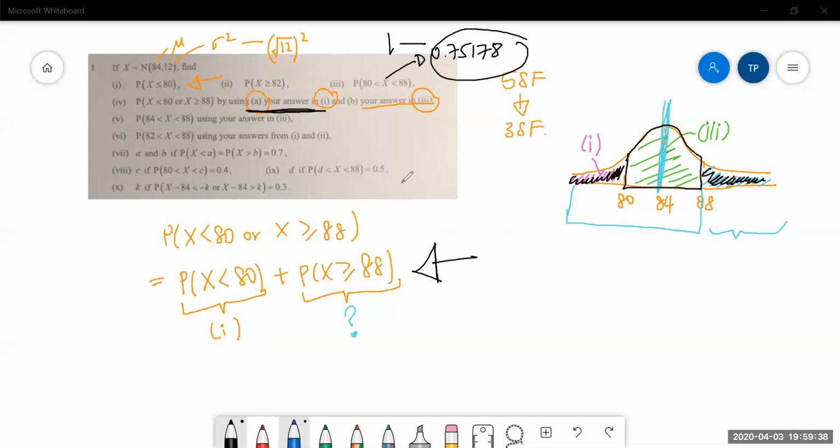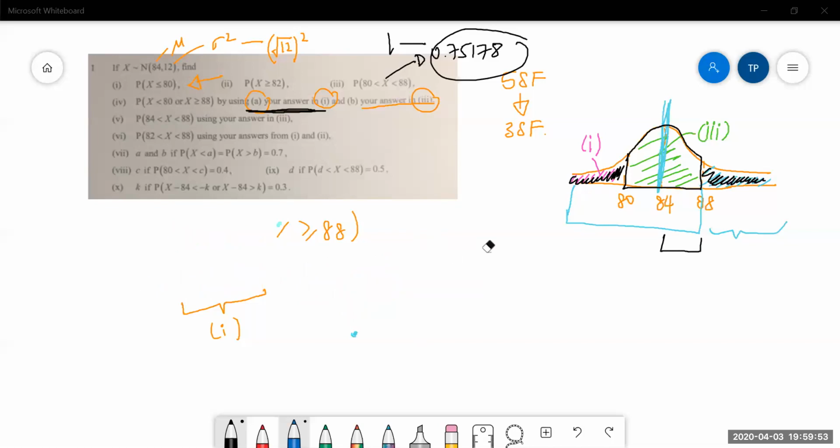Okay, next up. 84 to 88. This part. So just now you already answered this question actually, because you know that it's symmetrical about the mean. Therefore, the probability will split into half, right? So 84 to 88 is basically half of the probability from 80 to 88.